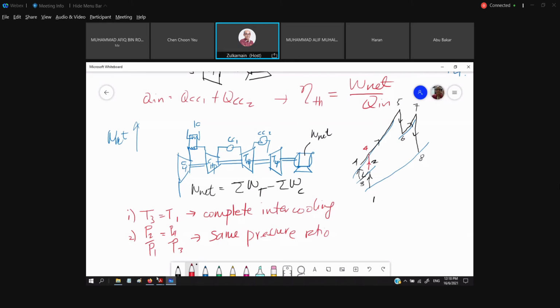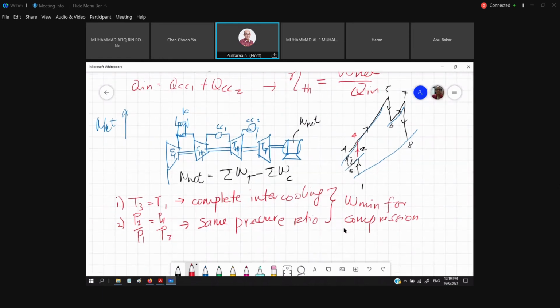When we have both characteristics in one plant, this refers to the minimum work for the compression process. So when we have this minimum work for the compression process, whereby the plant or the schematic diagram is valid, there is T3 equal to T1, complete intercooling, and we have P2 over P1 equal to P4 over P3, the same pressure ratio.